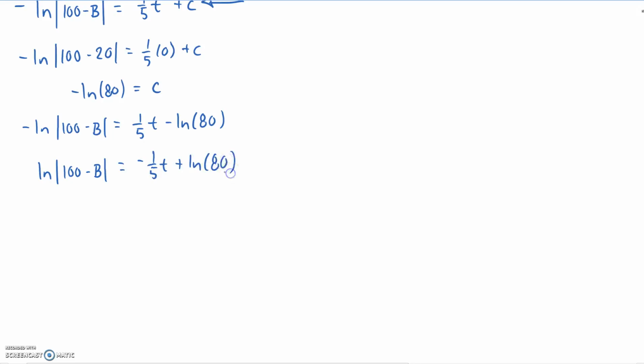Now I can raise both sides as the power of e, which would get rid of the natural log. So this is absolute value of 100 minus b is equal to, and a common mistake is that students want to raise both terms on the right side as the power of e, but it's the whole side that becomes the exponent of e.